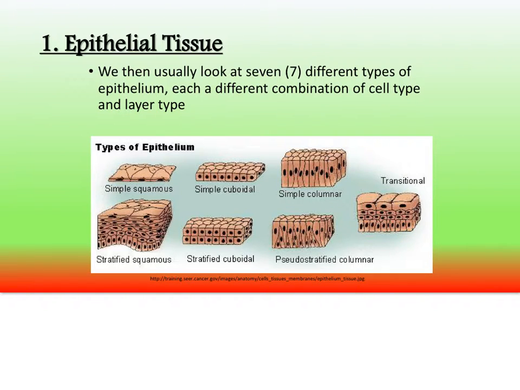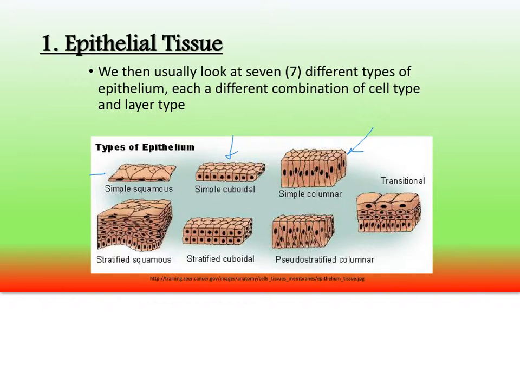And here to wrap up is a picture of the 7 different epithelial types we see, which are all a combination of the cell types and layering types we saw in the last slide. So you can have simple squamous, which is a single layer of flat cells. You can have simple cuboidal, which is a single layer of cube-like cells. And you can have simple columnar, a single layer of column-shaped cells.